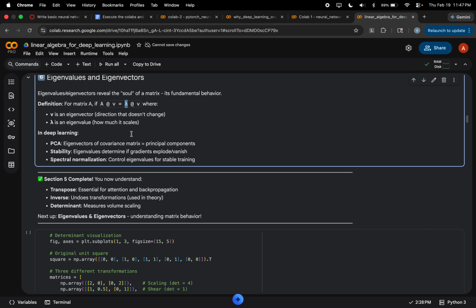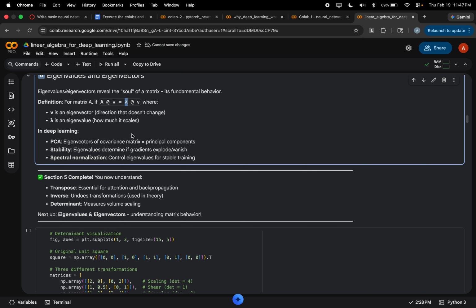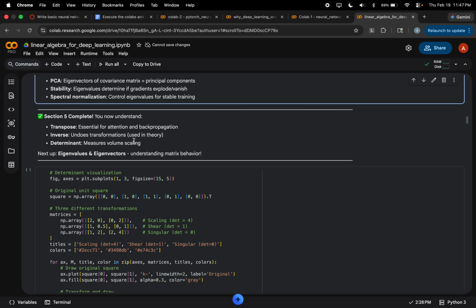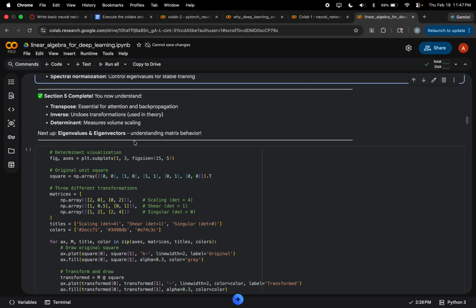In deep learning, for PCA, eigenvectors of the covariance matrix equal principal components, and for stability, eigenvalues determine if the gradients will explode or vanish, and spectral normalization means controlling eigenvalues for stable training. So when you know how it is going to scale, you can control it. It's quite useful.